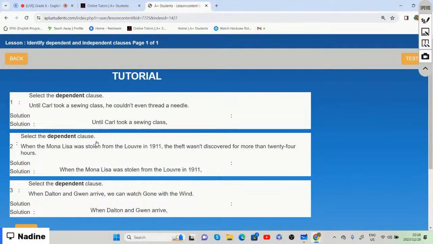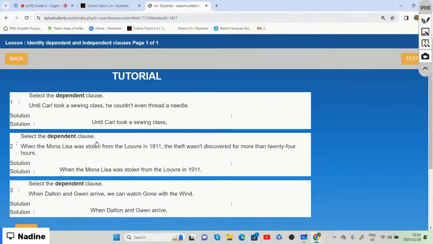So we now need to select the dependent clause within the sentence. And remember, we said that we can join the dependent as well as independent clause, and if we join them, we call that a complex sentence.